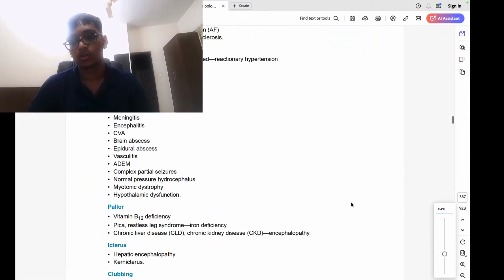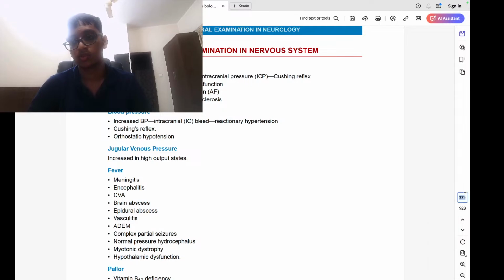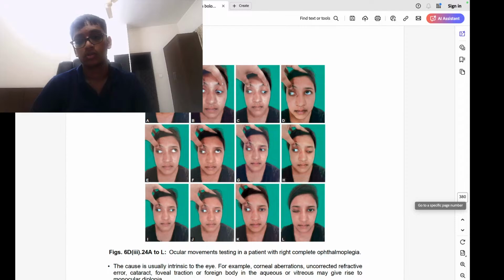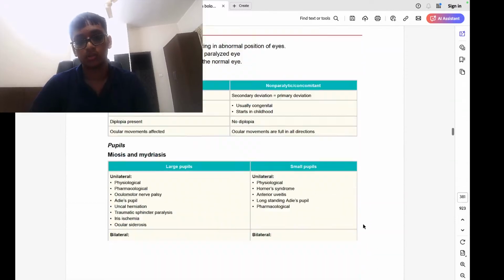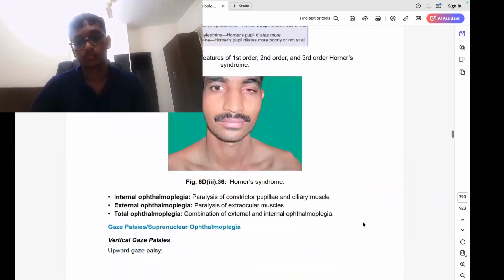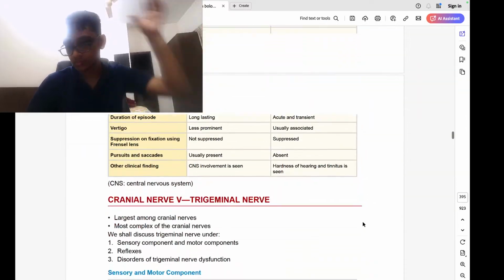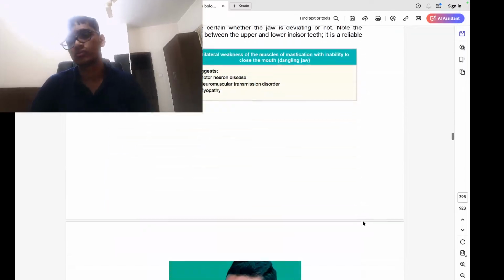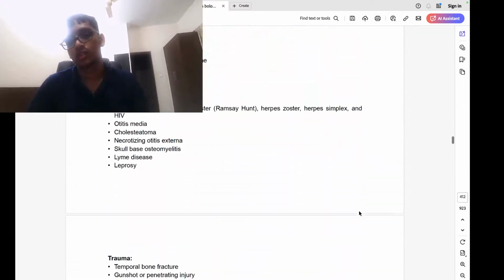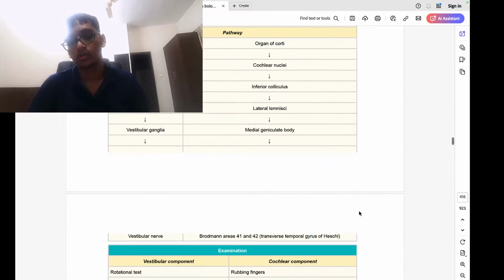I'll do until page 380, which I think is cranial nerves, and I'll try to finish at least the cranial nerve examination.